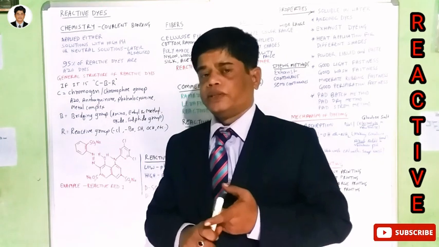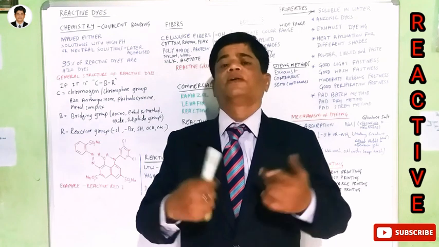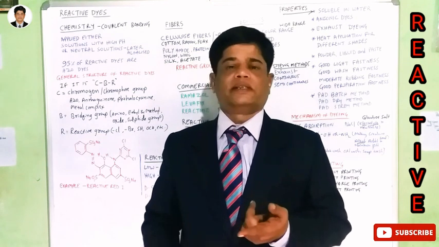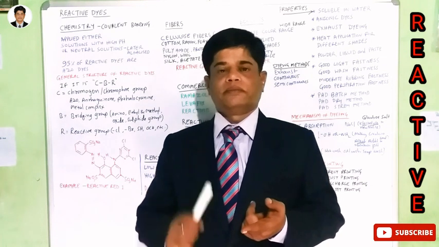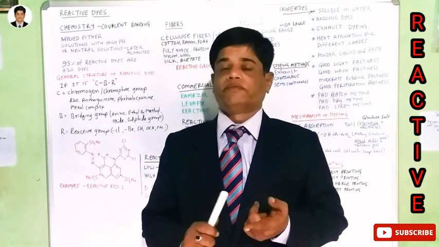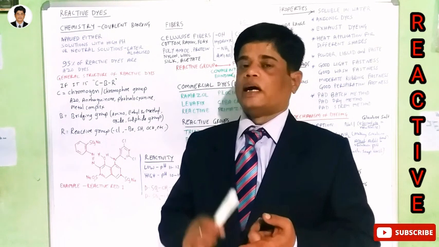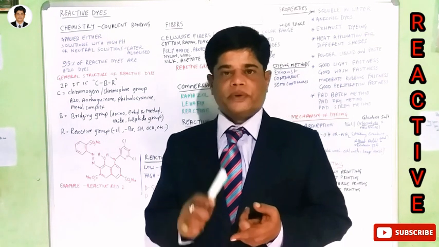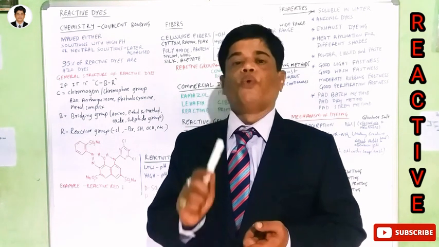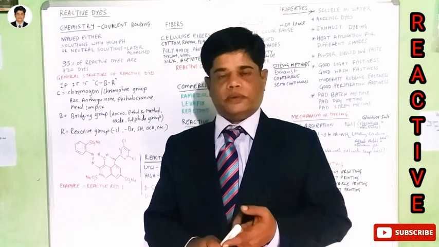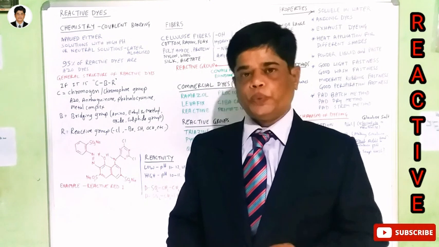Reactive dyes are used not only for cellulosic fibers, not only cotton. Flax is a cellulosic fiber, linen is a cellulosic fiber, hemp is a cellulosic fiber, and cotton is also a cellulosic fiber. Other than this, reactive dye is used for dyeing wool, a protein fiber, and polyamide synthetic fibers, nylon also.